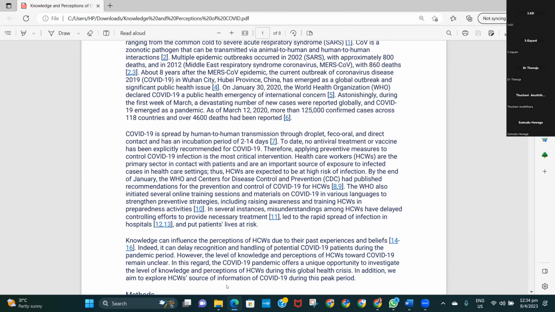But this particular study is about assessing the knowledge and perception of healthcare workers, no? Yes. You can write that as well.